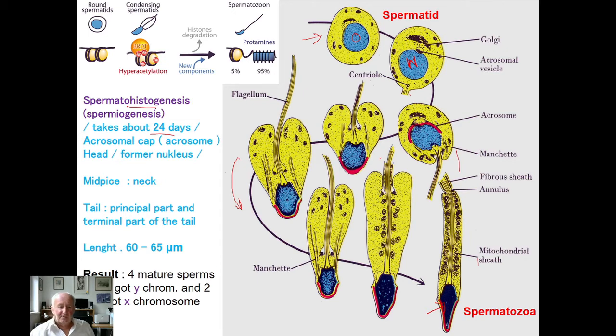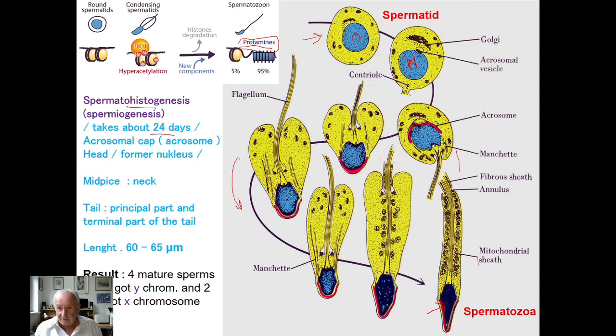It's thanks to important proteins in the nucleus, which are normally in each cell, histones. They are degraded and replaced by much smaller proteins, protamines. This dark line is DNA. And thanks to protamines, the nucleus can change the shape in this interesting procedure.